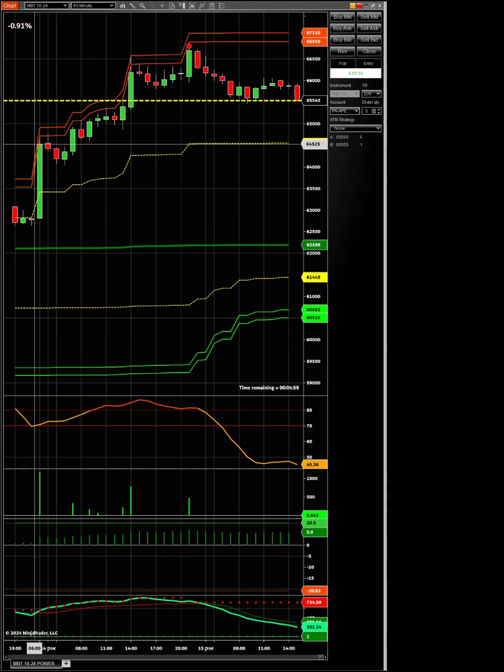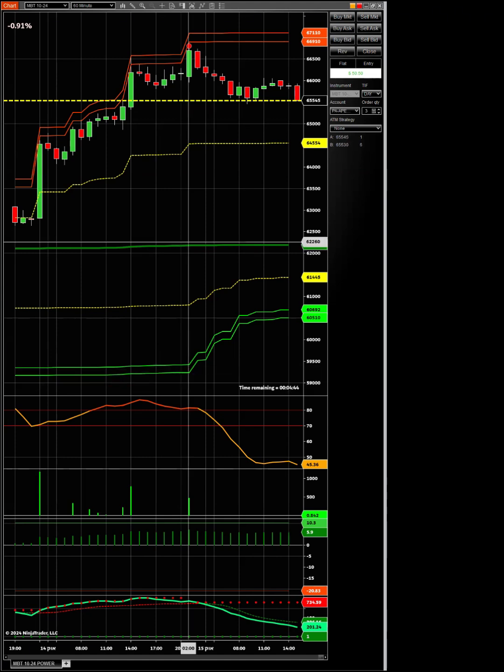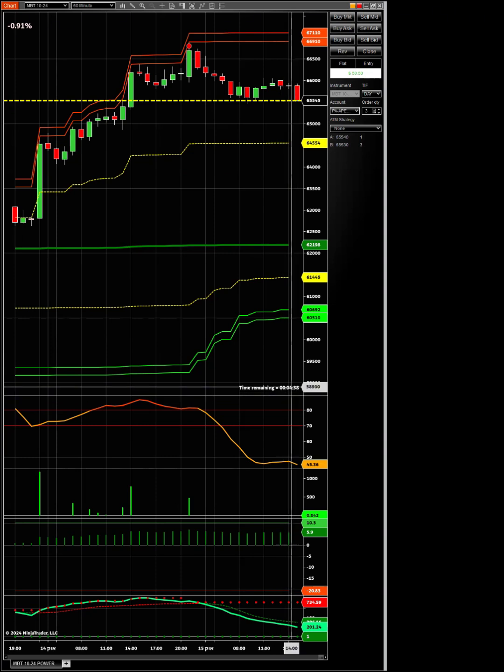This is one option. The second option, if you see that you have 10 minutes to the close of the candle, close it. Don't take it to the end of the candle. You don't want to hold this position when it's below 10 minutes. So always if I'm looking for $50 to $100 profit, not more than that.